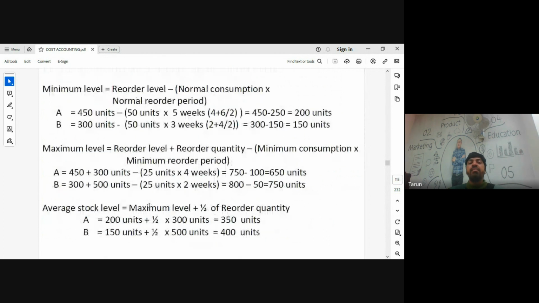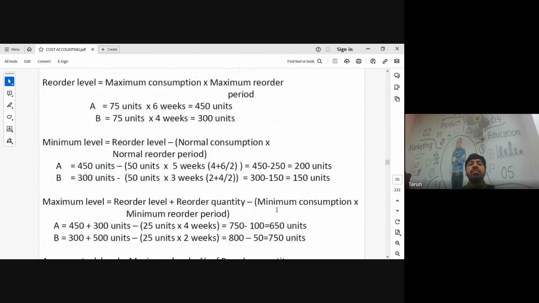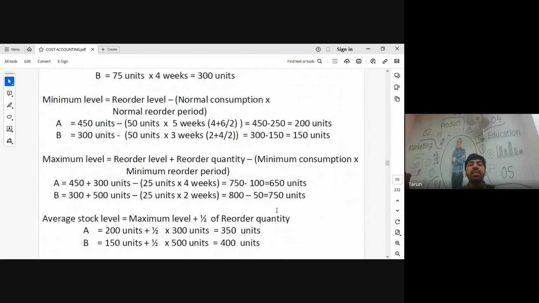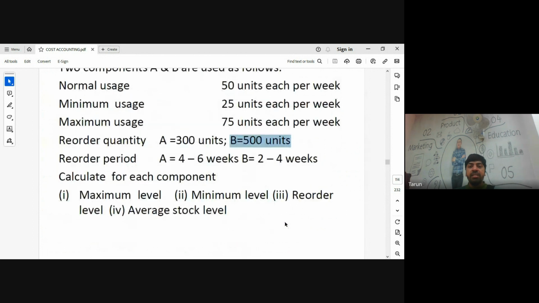So let's begin with the maximum level. What is the maximum level of A and B? 650, 750, right? But it has not been taken as the maximum level. You can take 650 as well as 750, half of the 300 units and 500 units. So here, 200 or 150 has been taken. Let's check.